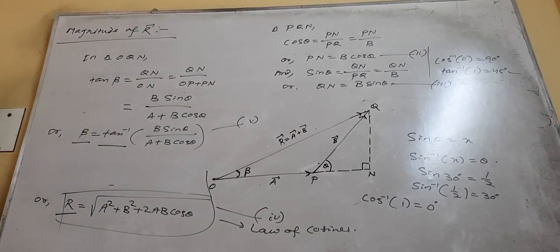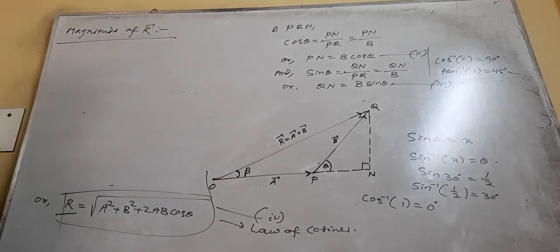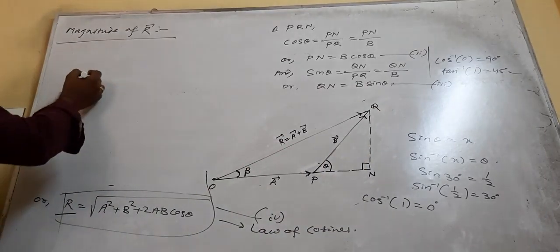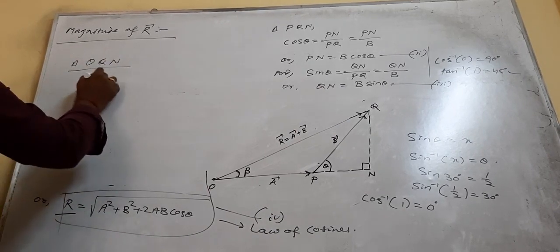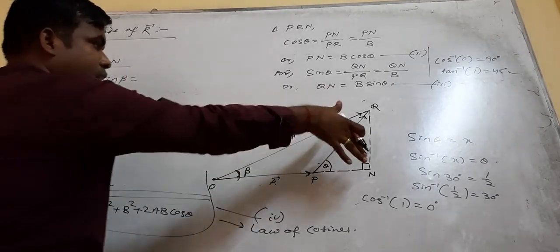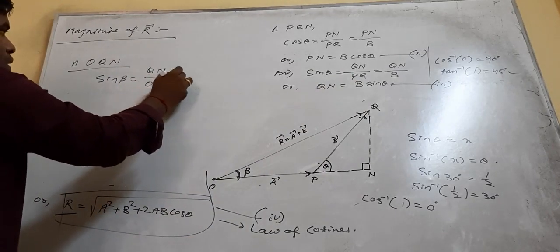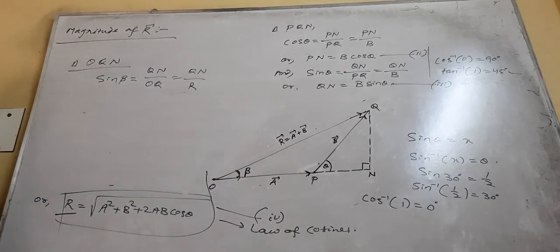Now come to law of sines. In this triangle OQN again, if I write sine beta, what is sine beta? That is QN by OQ. What is OQ? OQ magnitude length is R, the magnitude of the resultant vector.